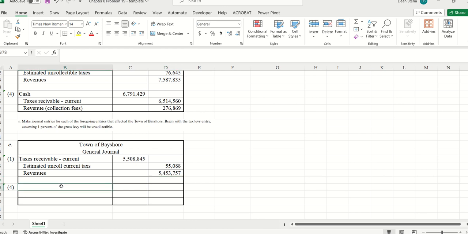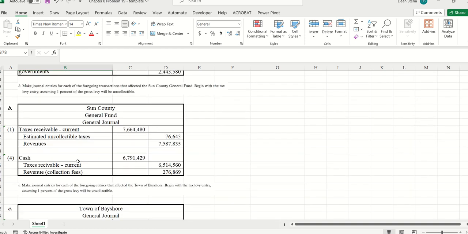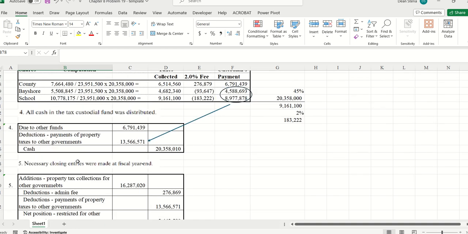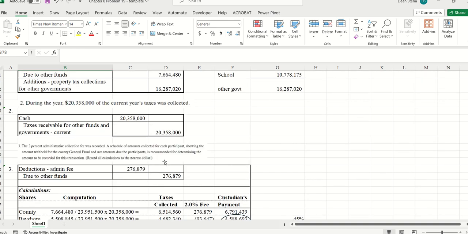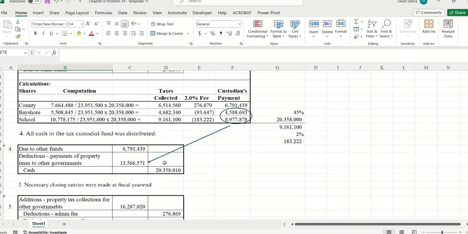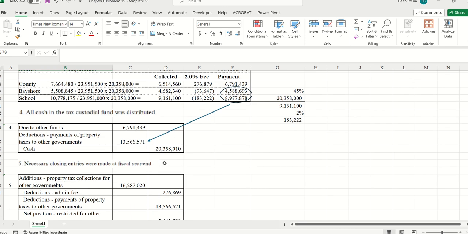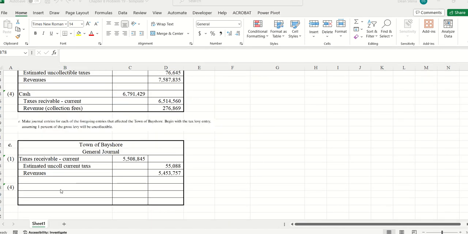And then the last one has to do with, again, around entry 4. Okay, here we go for the last entry.